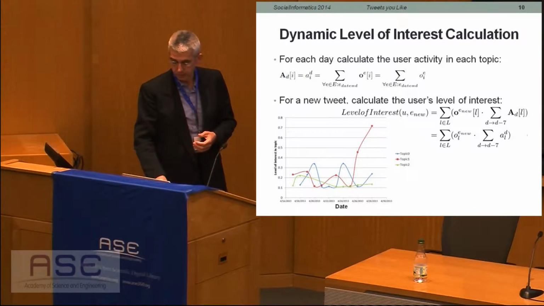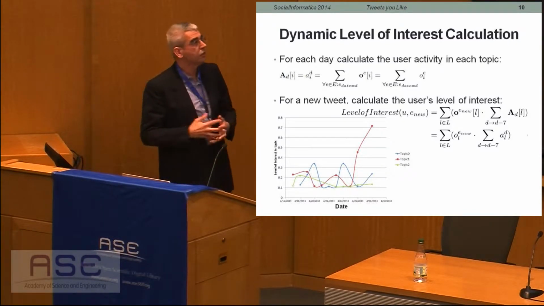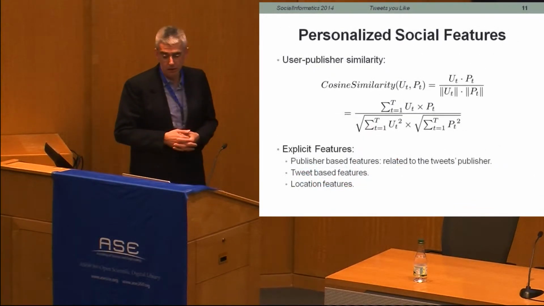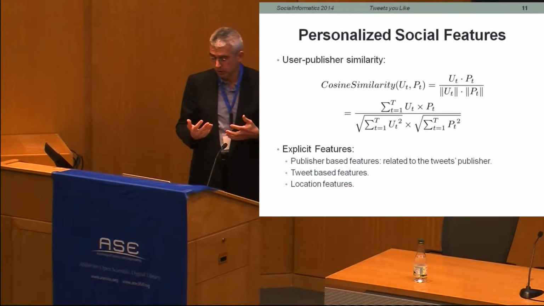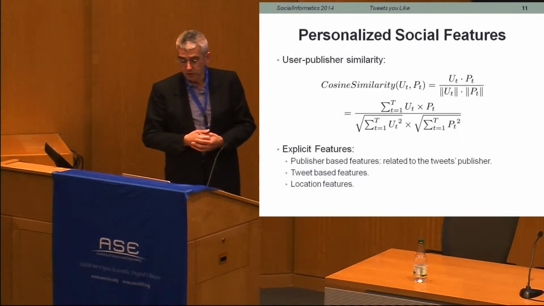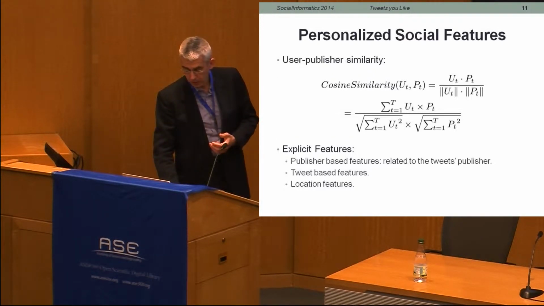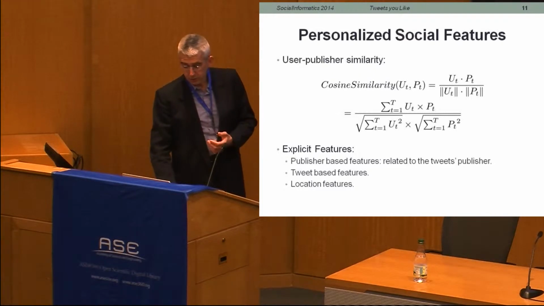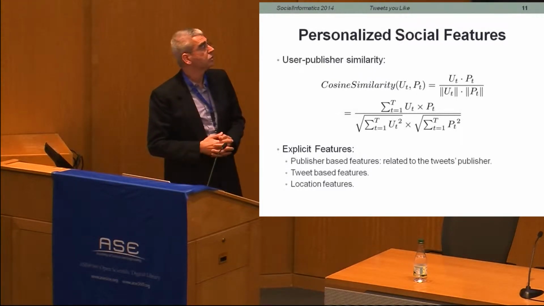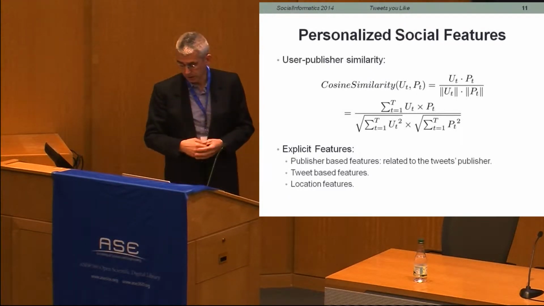Through that we can compare and contrast those features. Features based on the publisher, for example, tweet-based features, or location features; the location of the user we can actually get.